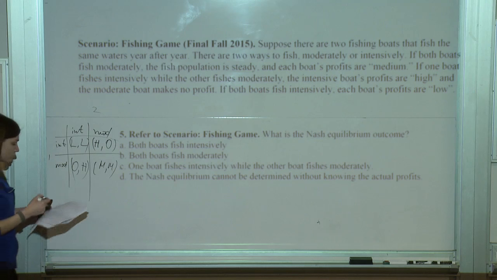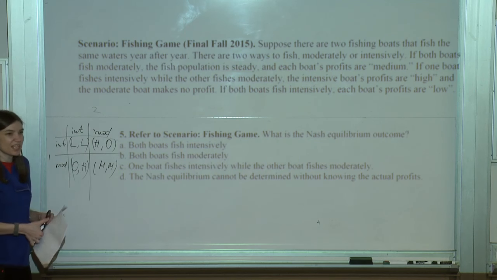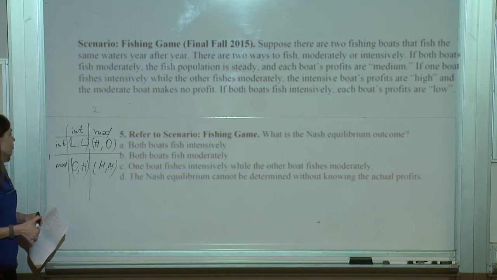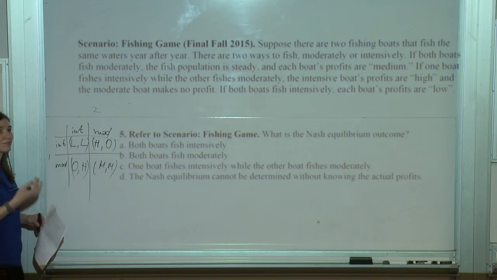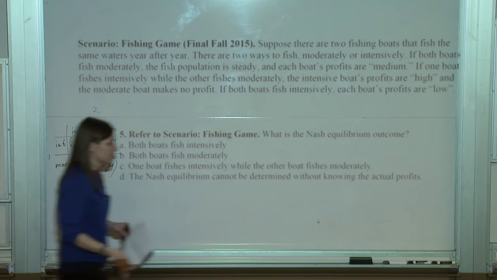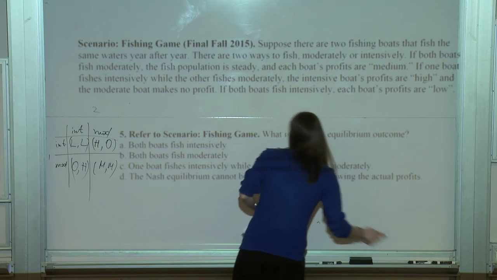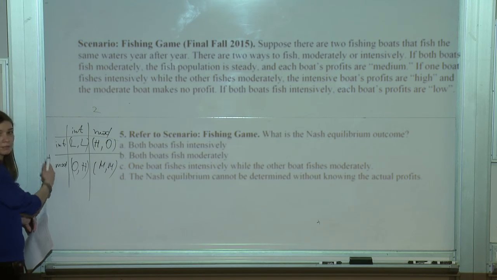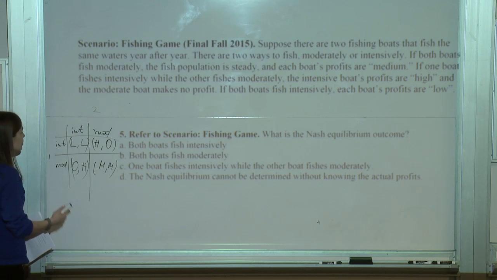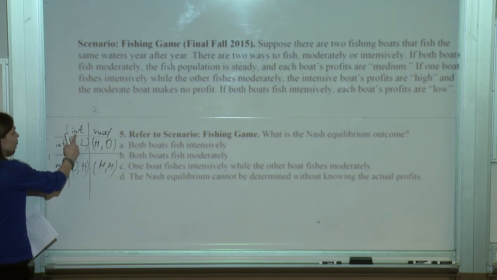All right, so to determine the Nash equilibrium, in any game that there is, what you have to do is to first take the position of one of the players and consider their best response given the other guy's choice. So for example, if I'm player 1, or boat 1 in this case, first I ask myself, what should I do if the other guy chooses to fish intensively?